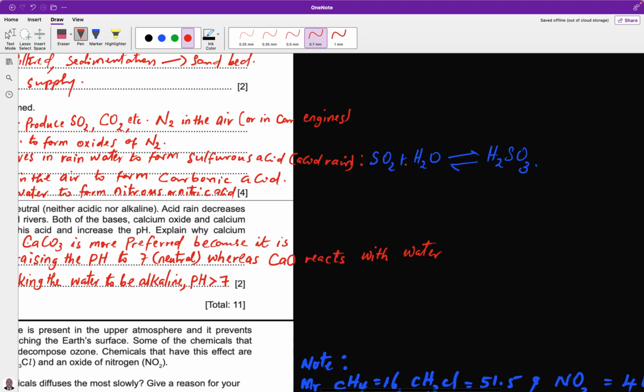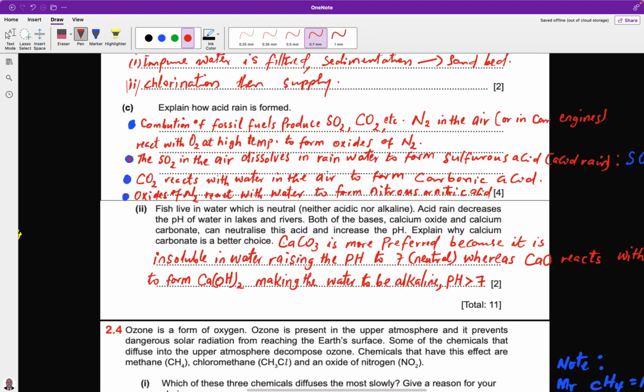Then the other oxide is carbon dioxide. Carbon dioxide in the air will react with water in the air to form what? Carbonic acid. It is this carbonic acid that falls as rain.